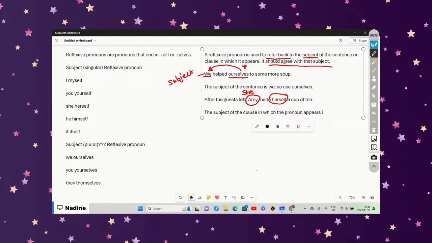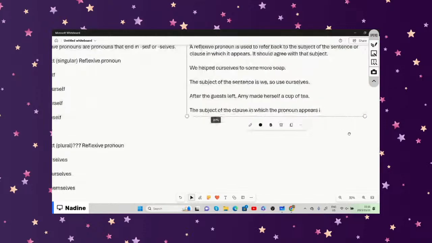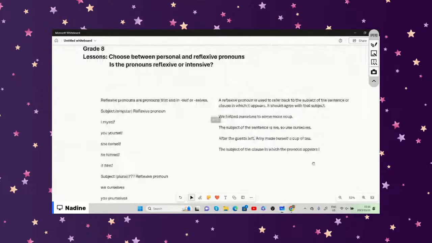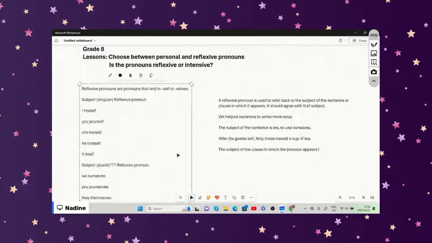The pronoun is she, and in this case, herself is basically referring back to a noun, not the pronoun. And these are basically your reflexive pronouns.